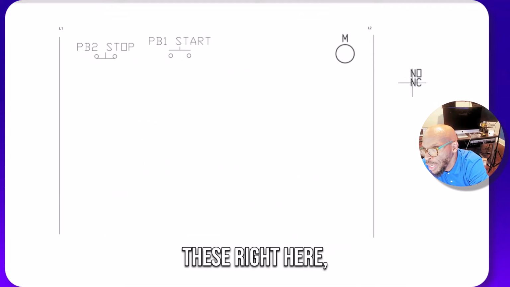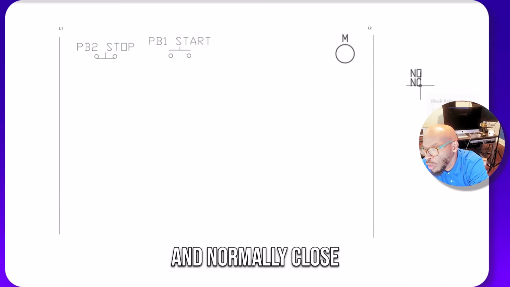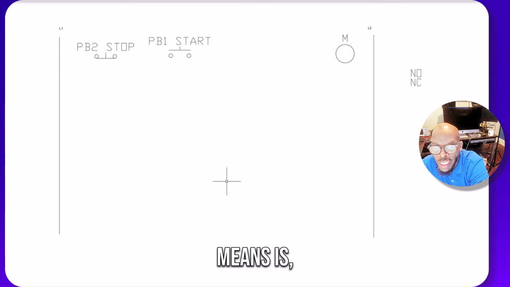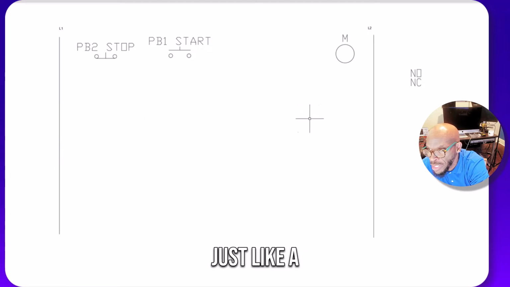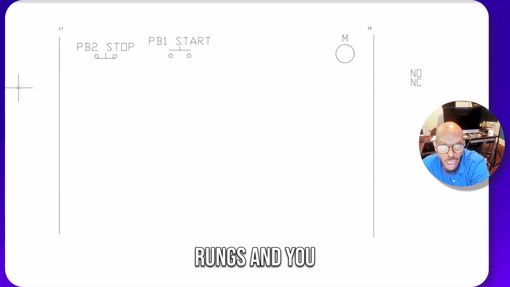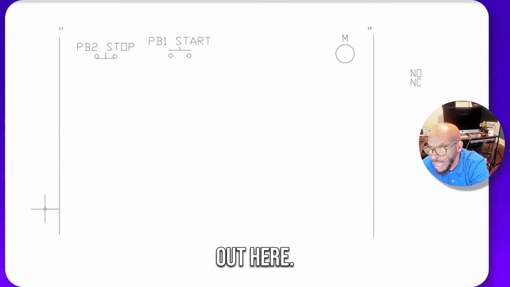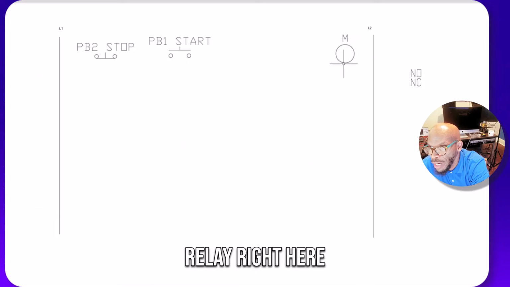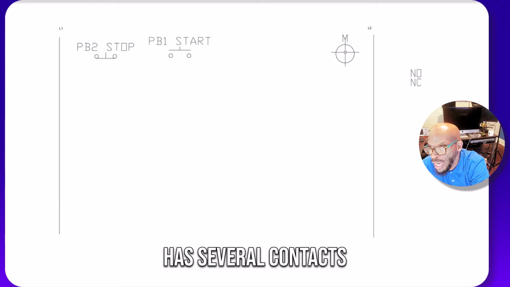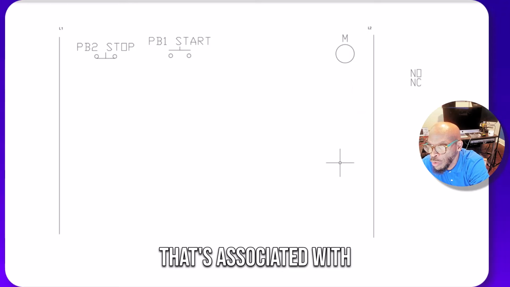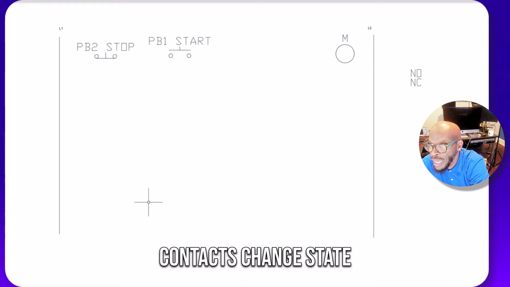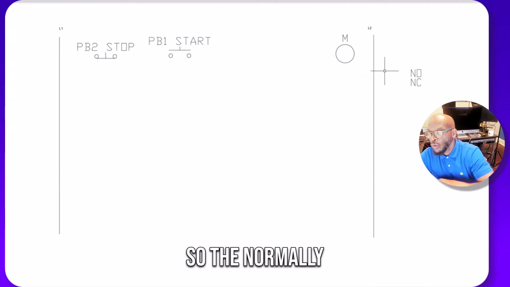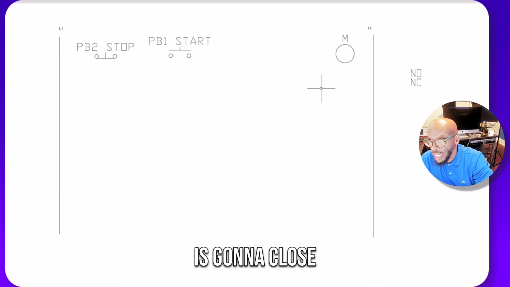Now you see these right here, the normally open and normally closed representation. What this means is, for each one of these rungs, it'd be just like a ladder that's got rungs in it, you will have numbers out here. And then this relay right here has several contacts associated with it. So when this energizes, it makes the contacts change state. The normally open contacts are going to close.